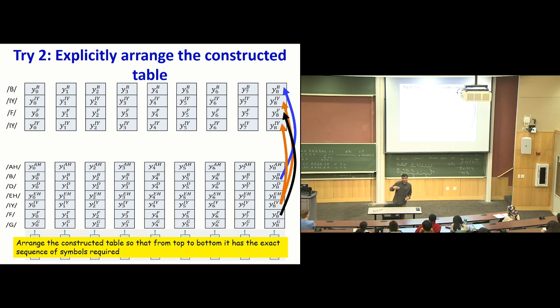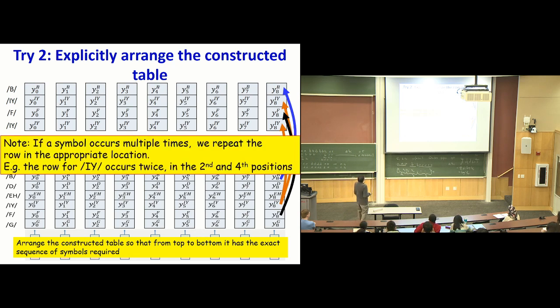So now I'm creating this modified table where I have one row corresponding to each symbol in my compressed sequence. Make sense to you, right? The process that I'm following over here, right? Make sense? Okay. And now observe that if a symbol occurs multiple times, we repeat the row in the appropriate location.